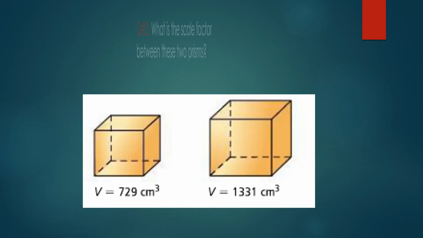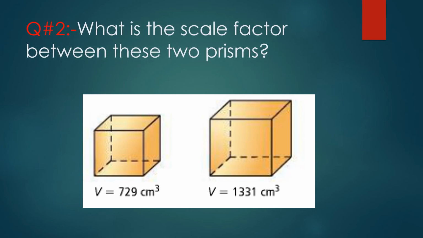Let us see example number 2. What is the scale factor between these two prisms? The dimensions are not given, the volumes are given. So how are you going to tell if the two figures are similar? Easy.